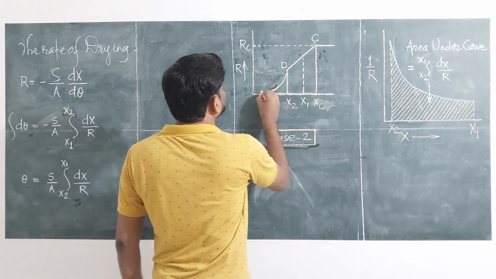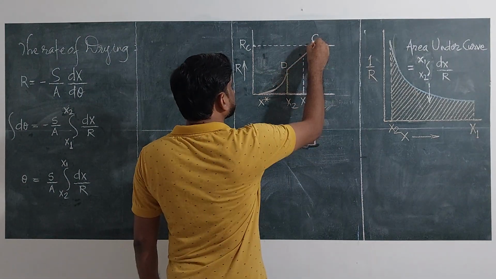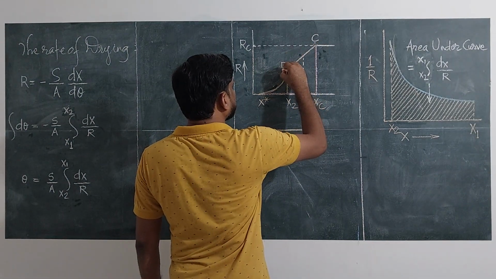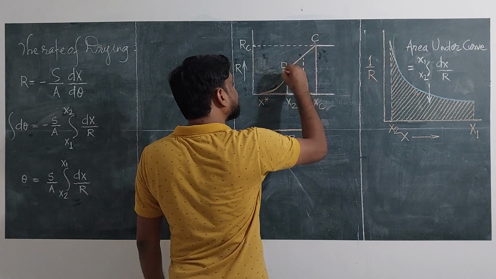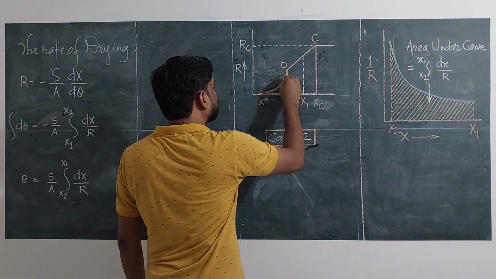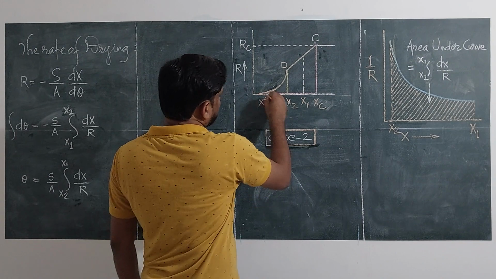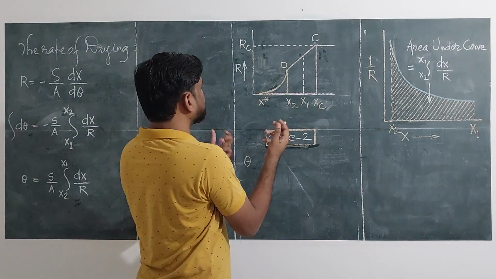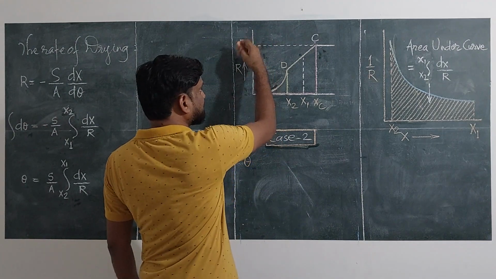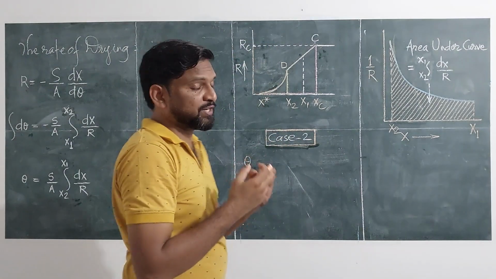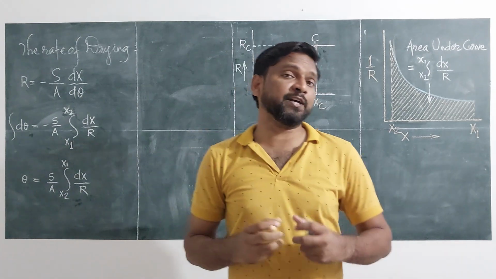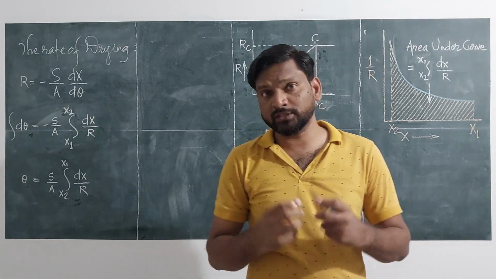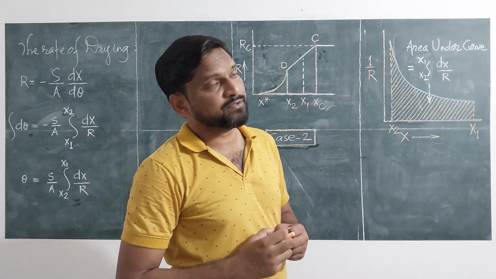Here, C to D is a continuous straight line, and from D to x star, it's the curve. In such a scenario, there is no specific R, but there is definitely Rc. But we have to find out the time required to dry a wet solid along the falling rate period.